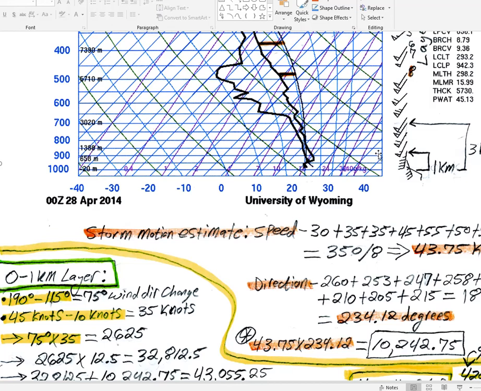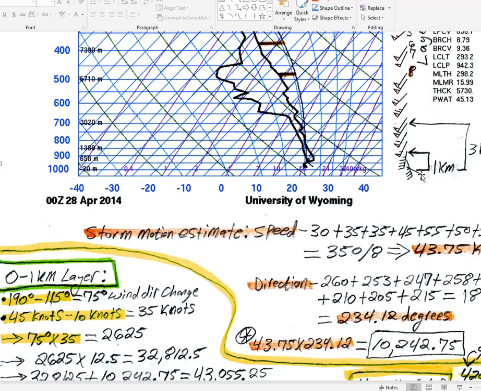And again, on your data file, the heights in meters are given, and those are important. And the reason they're important is for this storm relative helicity calculation and for determining your CAPE calculation, right, using the SLIM method. Okay, so how many degrees does this wind veer or change from the surface 10 meter measurement, which is right here?